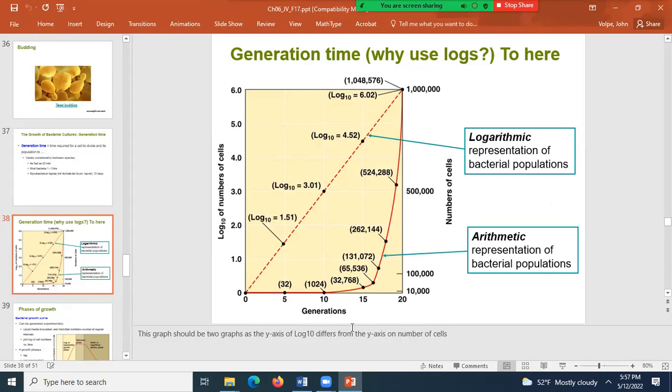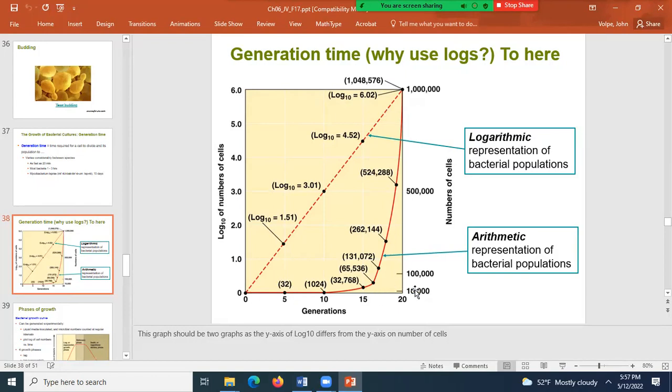One cell will split into two, two cells into four, four into eight, eight into 16, 16 into 32, so that we have a whole bunch of points here that are difficult to separate on the graph. And then our next point here will be on the ceiling.